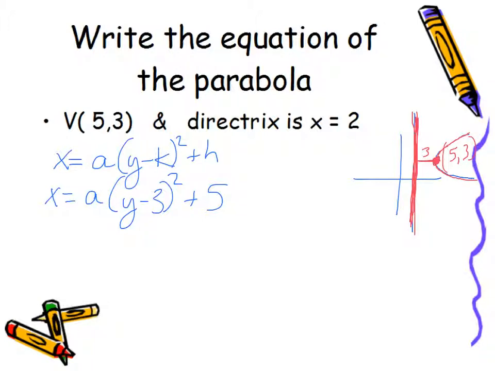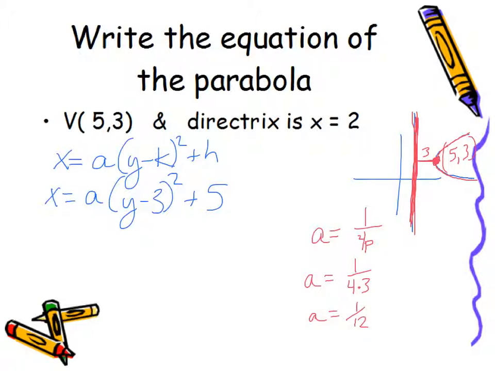Okay, so if P is 3, let's go back. This time I'm looking for A, so I'm going to use that other formula. I'm going to say A is equal to 1 over 4 times P. Okay, because this time I know the P and I'm looking for the A. So basically A ends up being 1 over 4 times 3, or 1/12. So that's my A value.